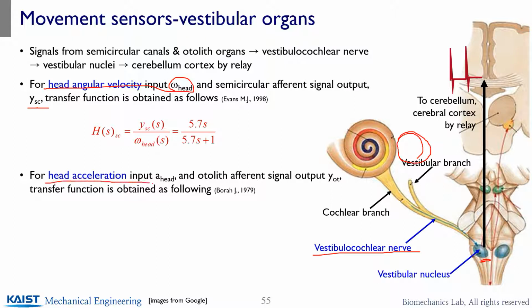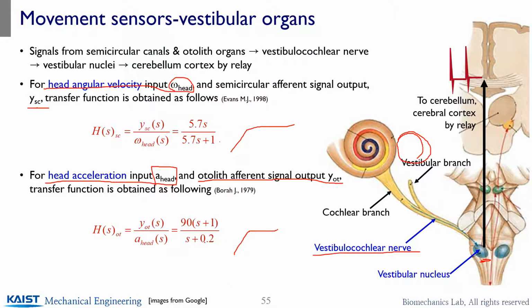For the head acceleration input, we can also find the otolith afferent signal transfer function. Different from the vision, it looks like a sort of high pass filter type transfer function can be obtained.